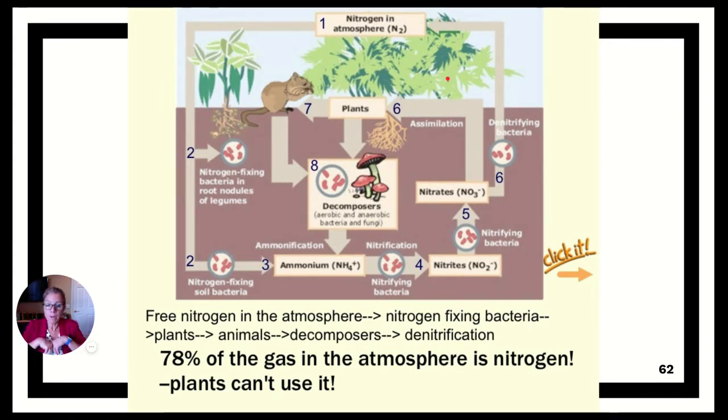Then those go into the plants, and animals can eat those plants, and then the plants and the animals die, and decomposers put it back into ammonia, right? Then nitrifying bacteria can convert it to nitrite, and then other ones convert it to nitrate, and it goes back into the plants. Cycle repeats. Now, from this nitrate, you could have denitrification, right? So you could put it back up into the atmosphere.